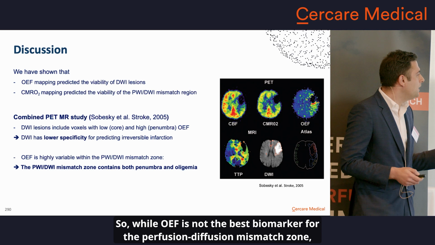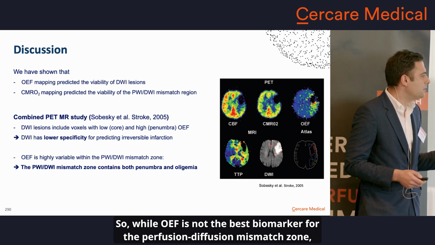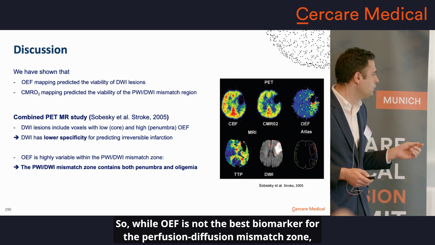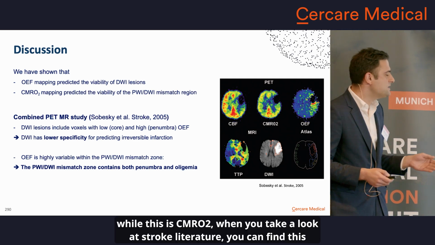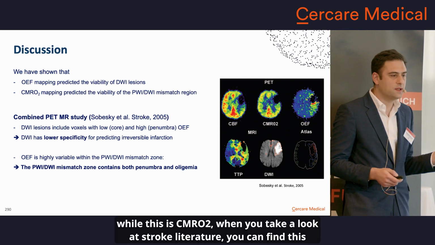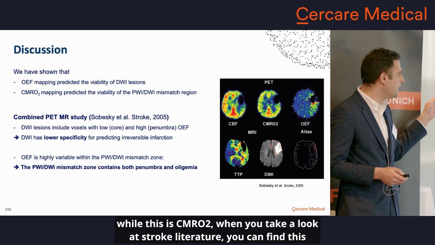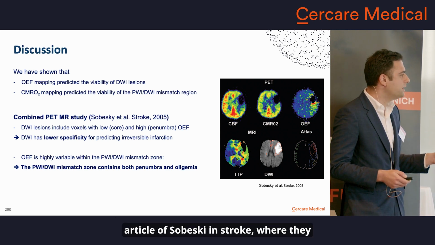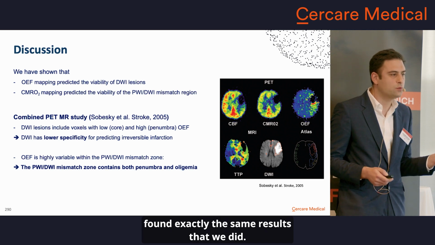So why is OEF not the best biomarker for the perfusion-diffusion mismatch zone, while CMRO2 is? When you take a look at the stroke literature, you can find this article by Sobesky in Stroke, where they found exactly the same results that we did.